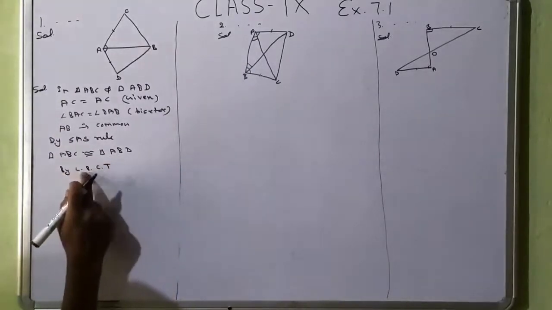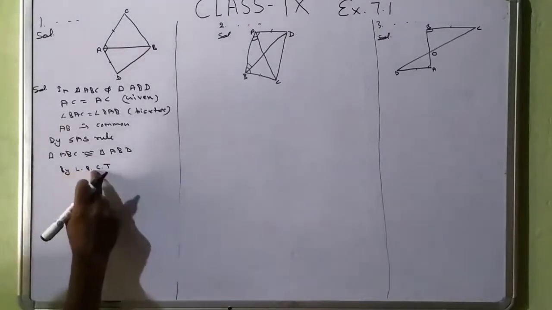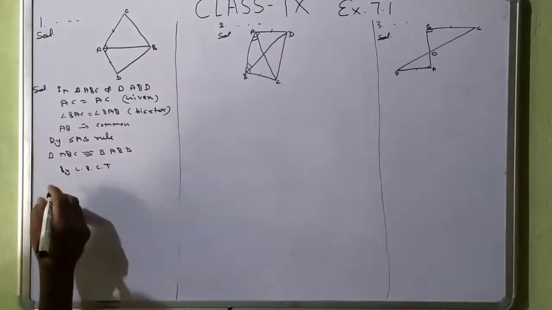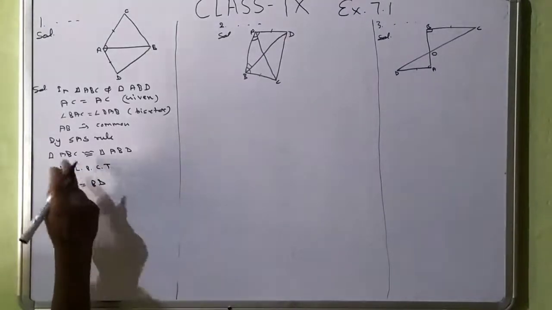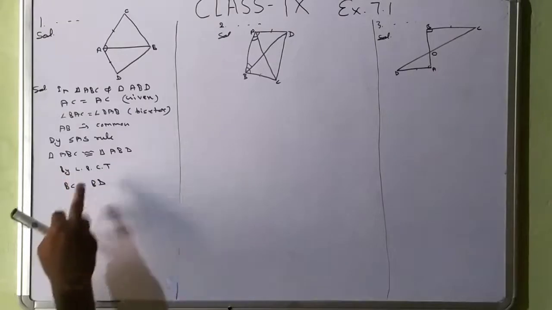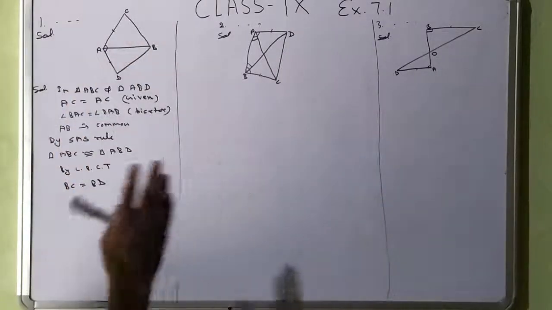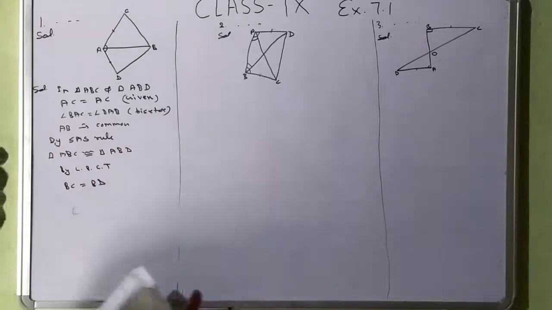CPCT means corresponding parts of congruent triangles. BC is equal to BD. If we have already proved two triangles are congruent, then by CPCT we will write all things equal, like angles and sides also.